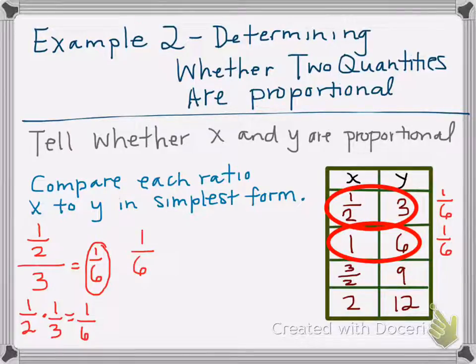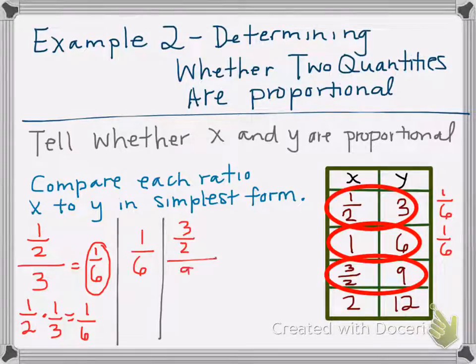Okay, so now we have to do the next one. 3/2 and 9. Okay, let's go ahead and write that. Let me box these off so it's easier to see. So this was our first one, this is our second one, and now we're doing our third one. Okay, so it's 3/2 over 9.